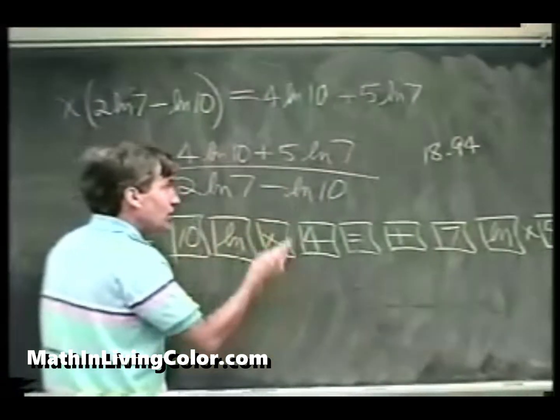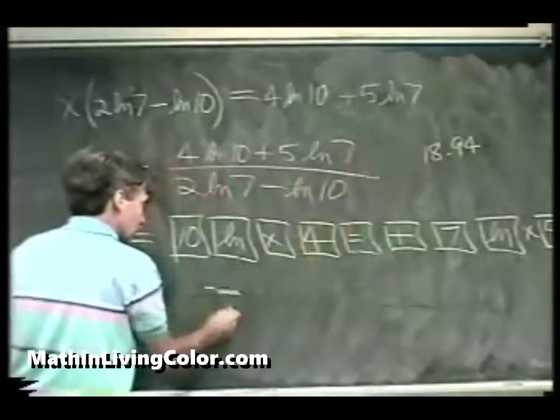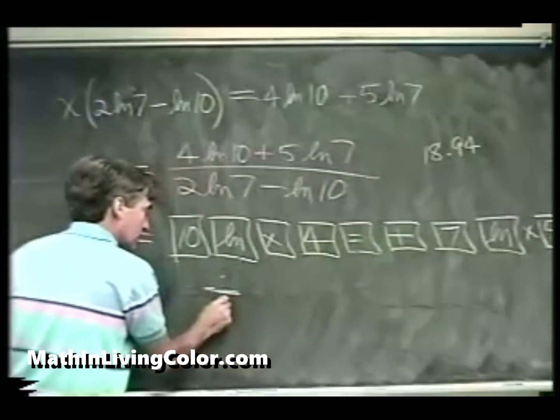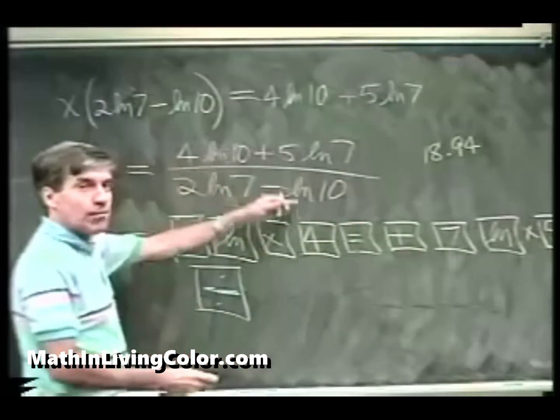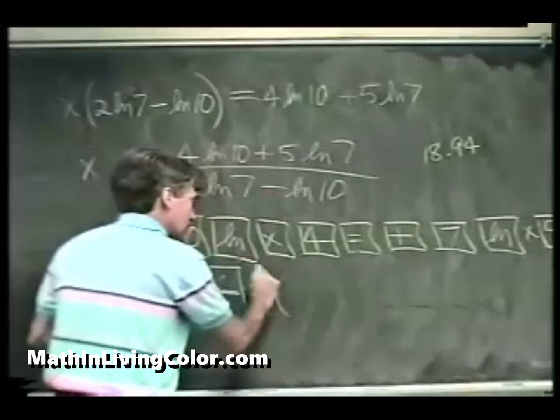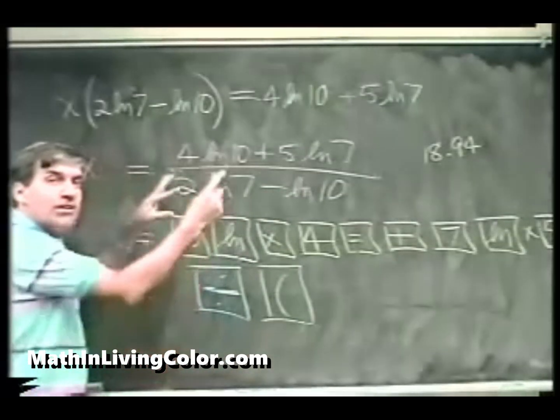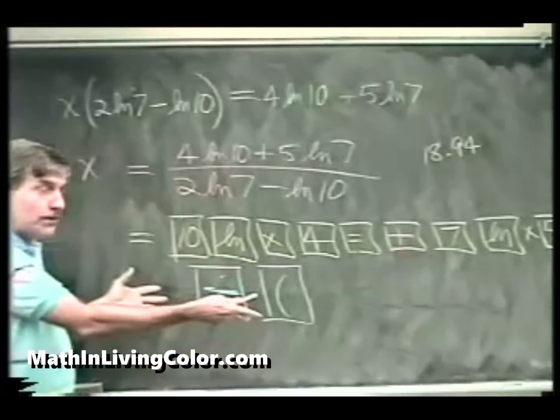Now then, we're going to have to do the denominator. You need to say divided by, that's going to get you the denominator, and then open parentheses, because we have to divide by this whole quantity. Okay?